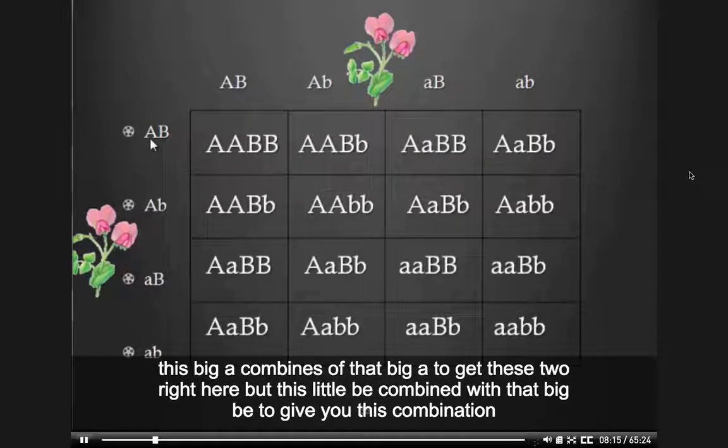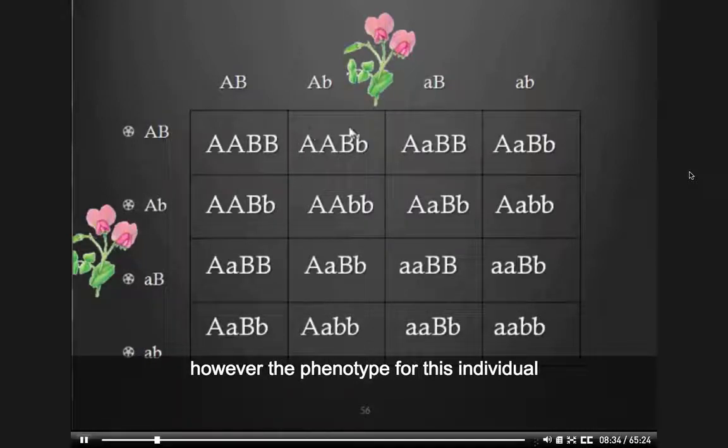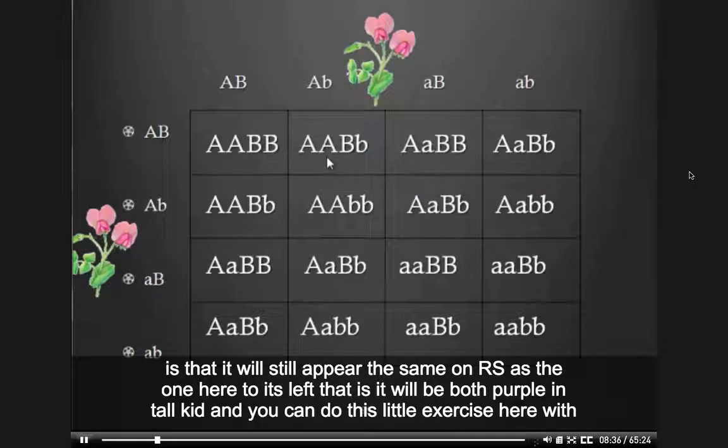This big A combines with that big A to get these 2 right here, but this little b combines with that big B to give you this combination. So what about the genotype of this? Well, the genotype is that it's homozygous dominant for this, but it's heterozygous for trait B. However, the phenotype for this individual is that it will still appear the same as the one here to its left.